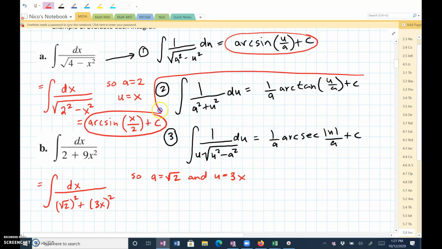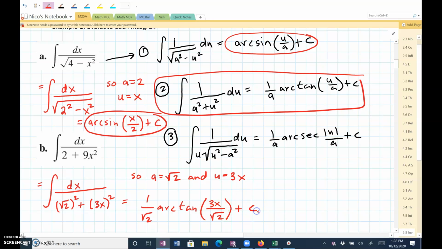So now we're using this guy, and this will be equal to 1 over a, which is the square root of 2, arc tan of u over a plus c.